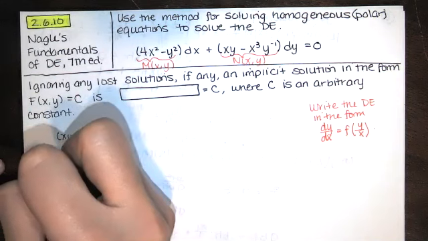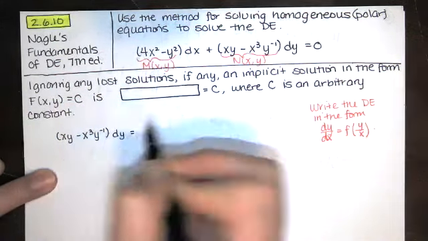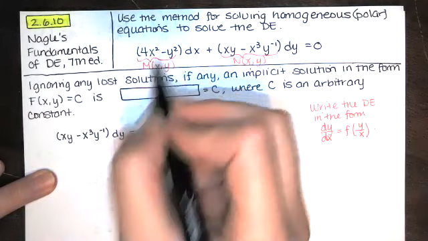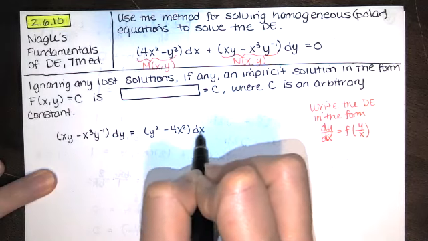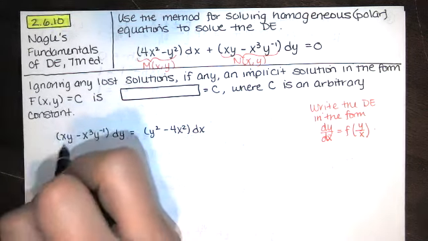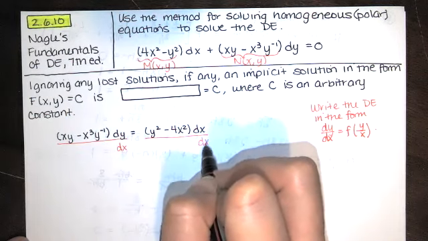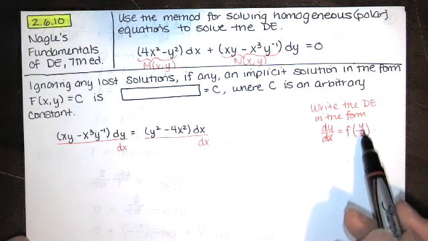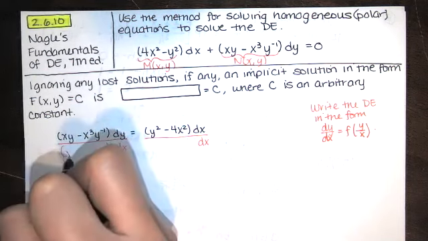So we have (xy minus x cubed times y to the negative 1) dy equals negative 1 times this, which just changes the order: (y squared minus 4x squared) dx. If I want dy/dx on this side, I will divide both sides by dx.